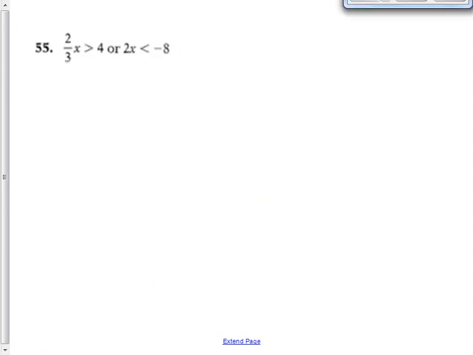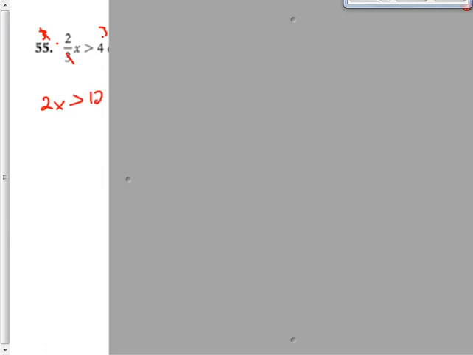The only other type of problem that we haven't looked at is an OR problem. Okay, so I look at this problem, and again I've got the same situation where I've got two different problems here. I solve this one by multiplying by the denominator first, so I multiply by 3 to make it go away. I get 2x greater than 12, divide by 2, and I get x is greater than 6.